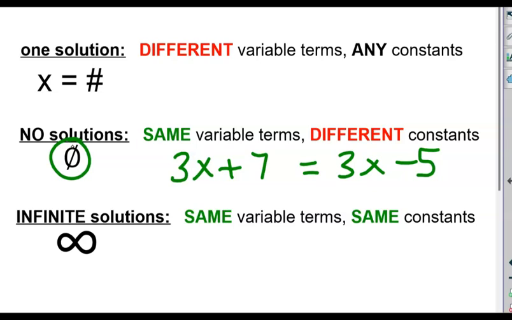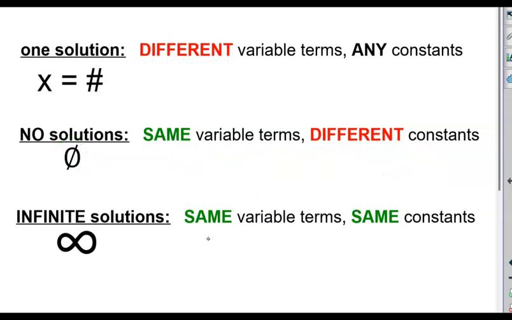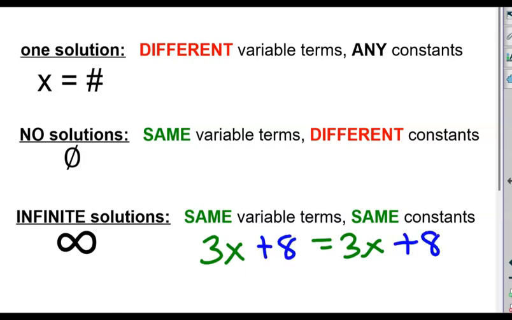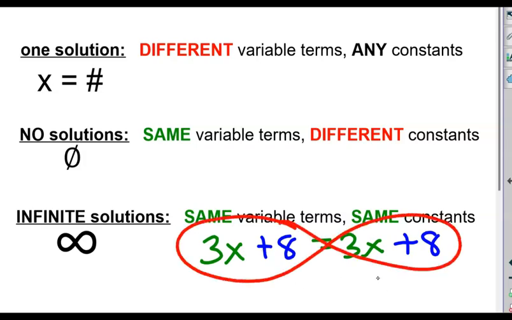There's not a single number that we could substitute in for x that would make the statement true. And sometimes, when you have the same variables on both sides of the equation, and their coefficients are a perfect match, and their constants are a perfect match, then we get something known as infinite solutions. That's where the left and right side are a perfect match.